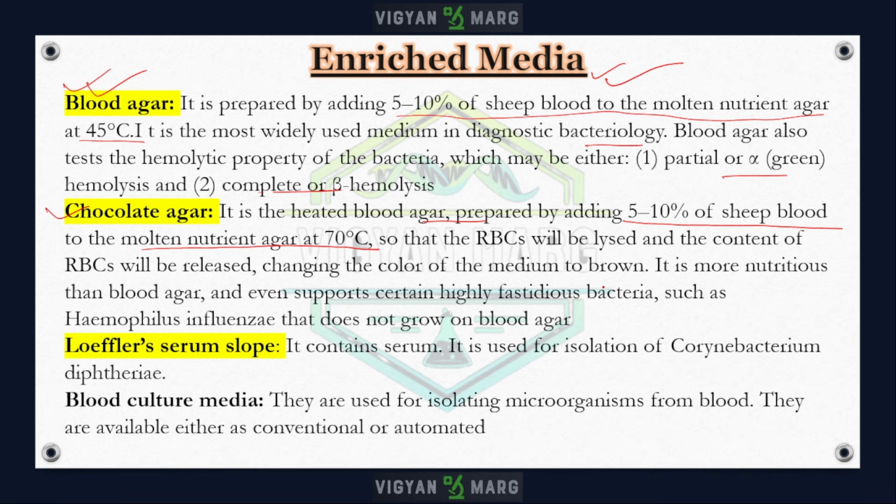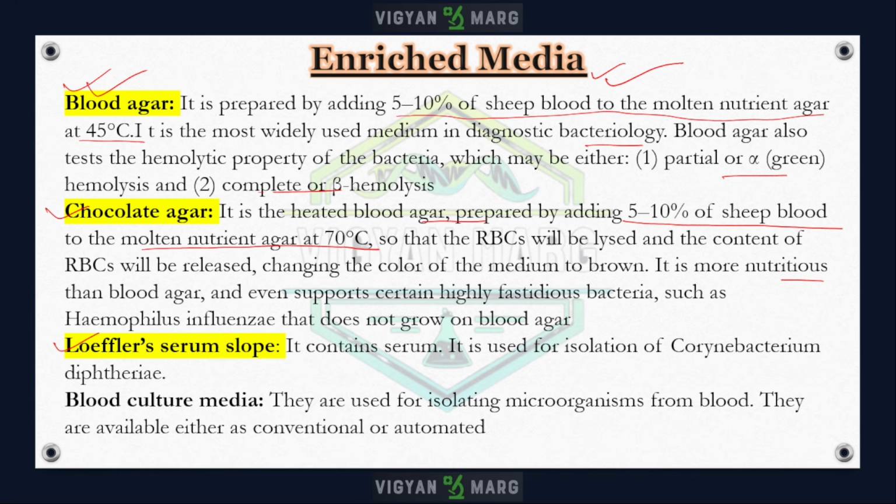The medium turns brown like chocolate because these factors are freely available. Chocolate agar is even more nutritious than blood agar and can support highly fastidious organisms like Haemophilus influenzae, which do not grow on plain blood agar.